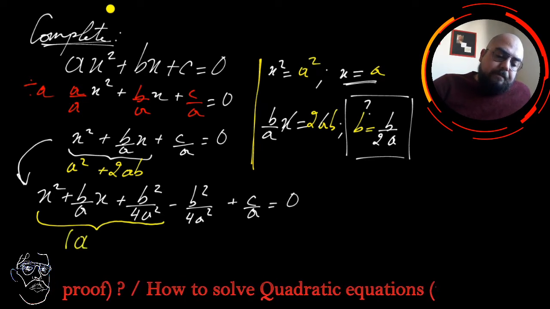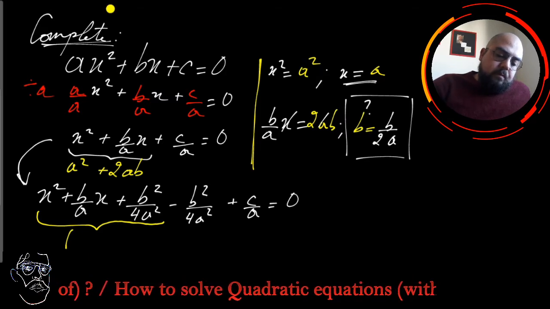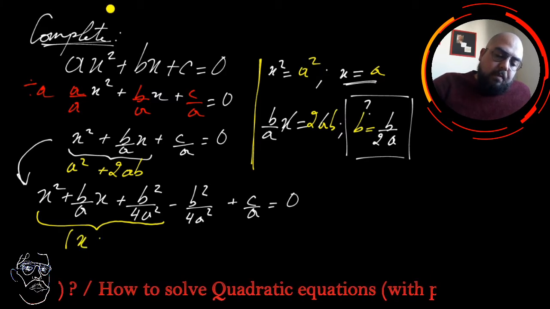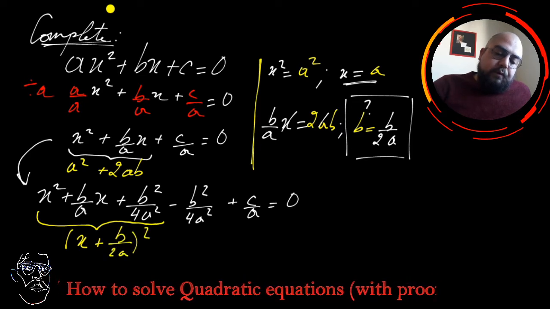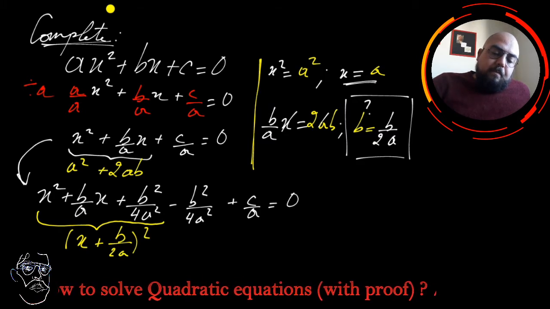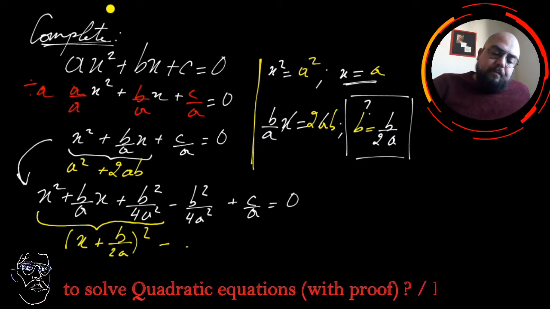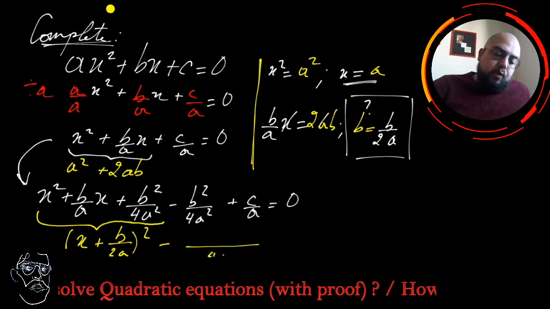It's x plus b over 2a to the power of 2 minus, common denominator is 4a squared.